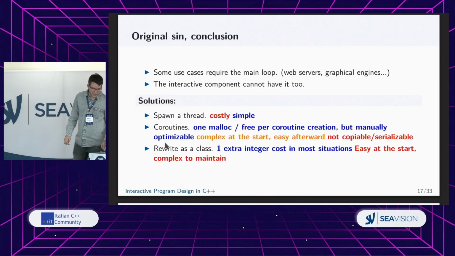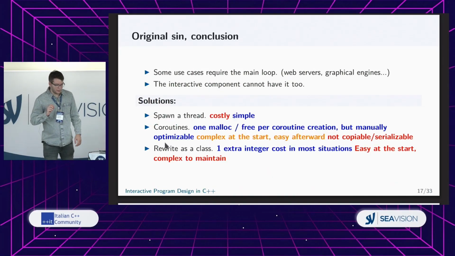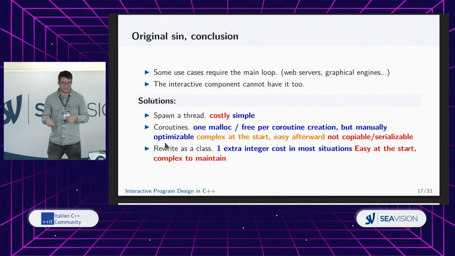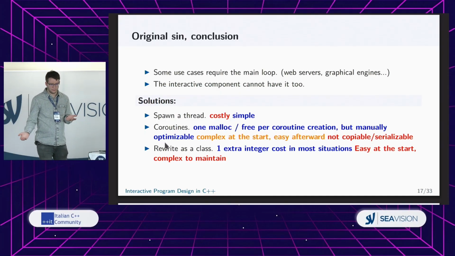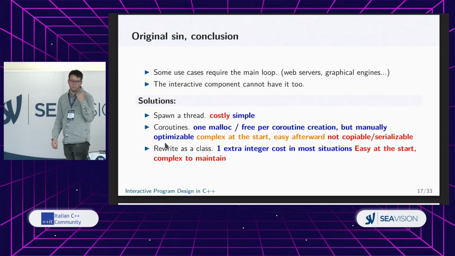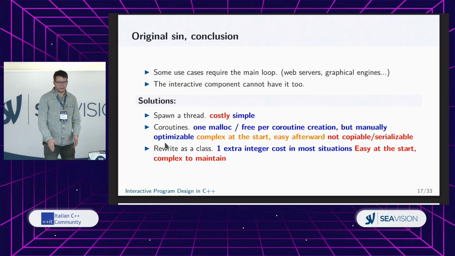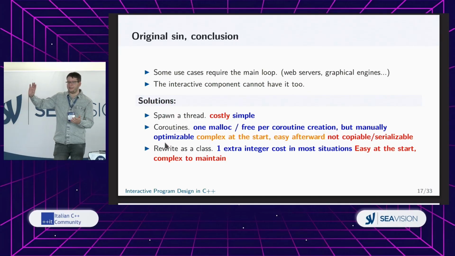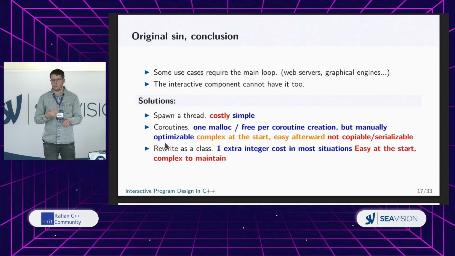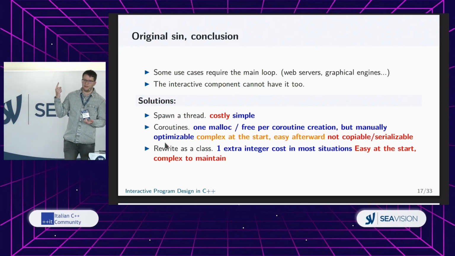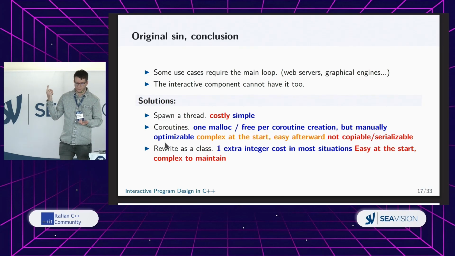But what we care about is that the conclusion of the original scene is that some use cases require you to give up the main loop, and the interactive component cannot have it. If the interactive component cannot have it, either you have to spawn a thread to be in another thread, but that is costly, but it is simple. You can explain to someone how a thread works.